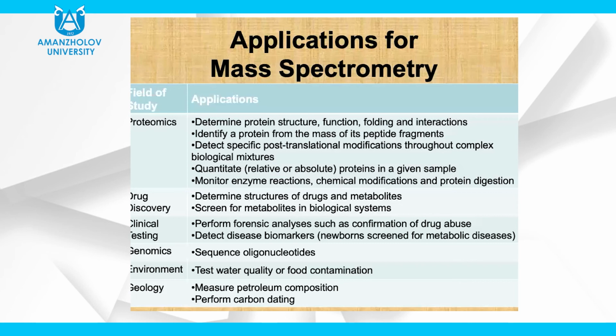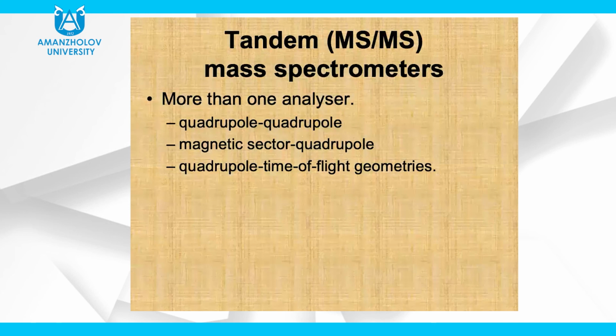In genomics, it is used to sequence oligonucleotides. It can also be applied in environmental studies, for example, to test water quality, food contamination, or soil composition. In geology, it measures petroleum composition. It is also used to perform carbon dating.